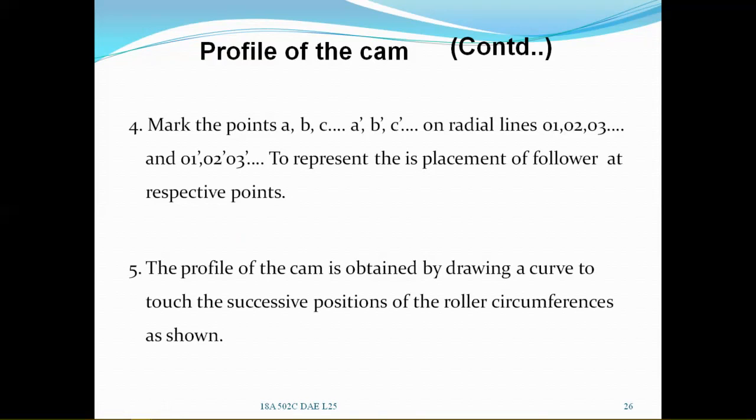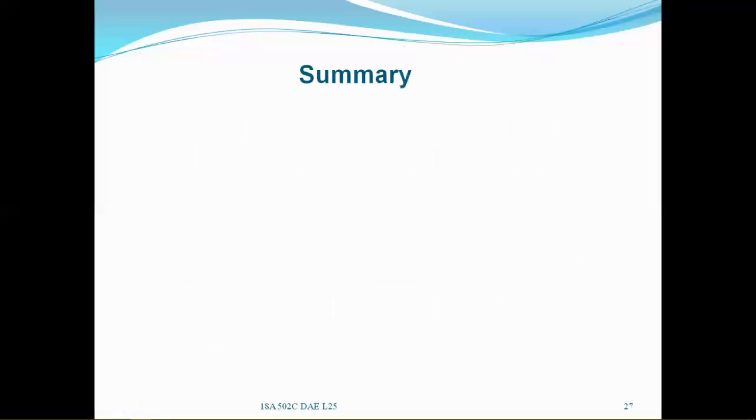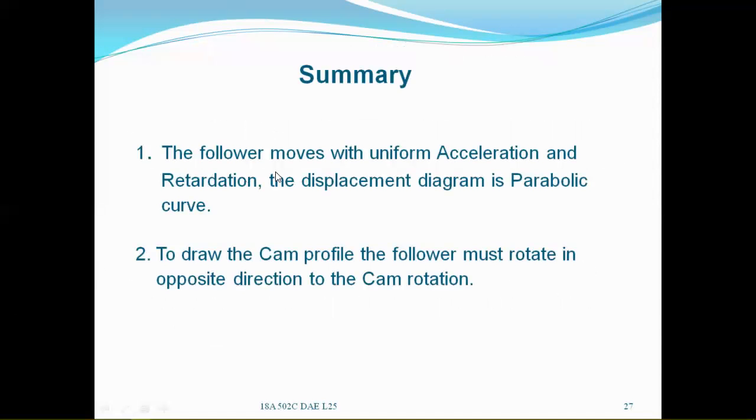Right? So in this lesson, let us have a summary of what we have discussed. The roller follower moves with uniform acceleration and retardation. The displacement diagram is a parabolic curve. And to draw the cam profile, the follower must rotate in the opposite direction to the cam.